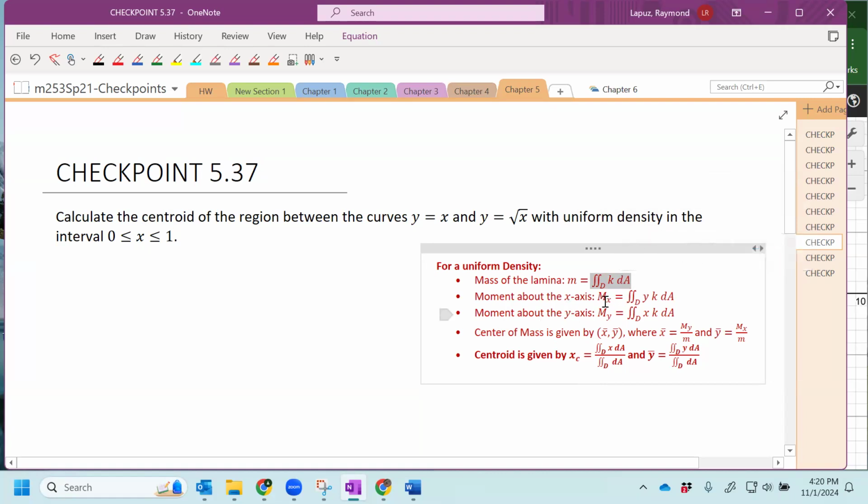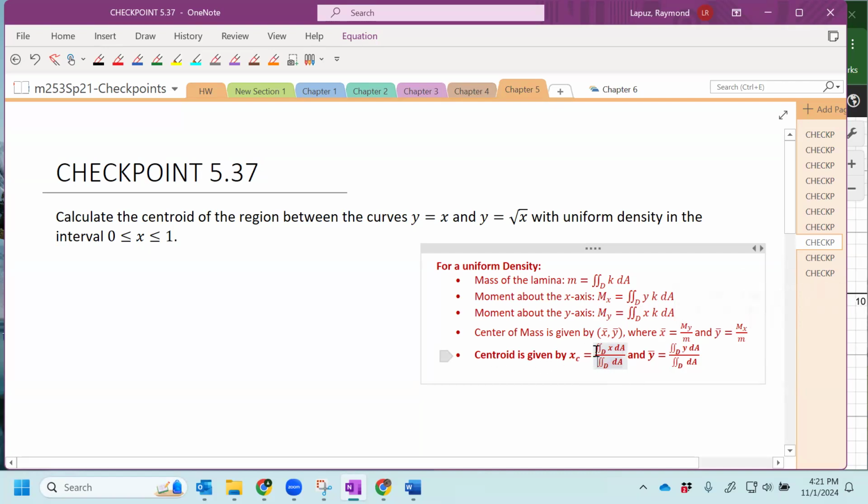Then your moments are going to be y times k and x times k, because k is your density function, which is constant. Those are constants that can be moved outside of the integral. So when you find the center of mass, x bar and y bar, you can think of those k's being outside of the moments Mx and My, and also the mass M, and they would cancel each other out.